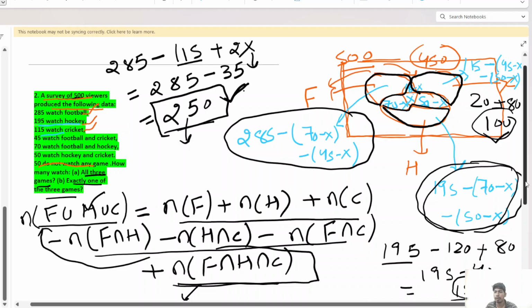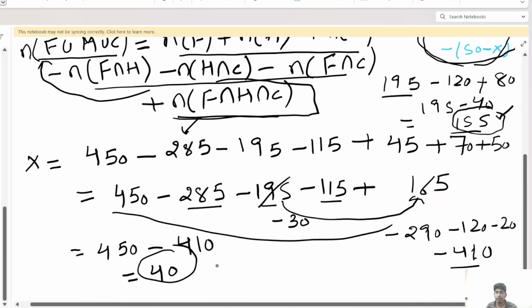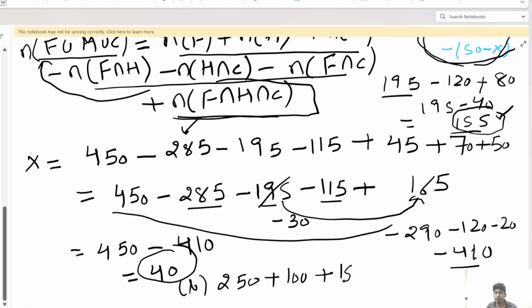Then we have to add, for the second part, 250 plus 100 plus 155.